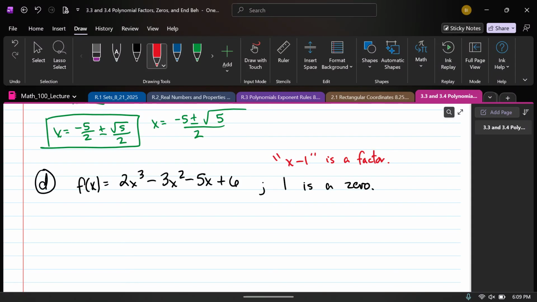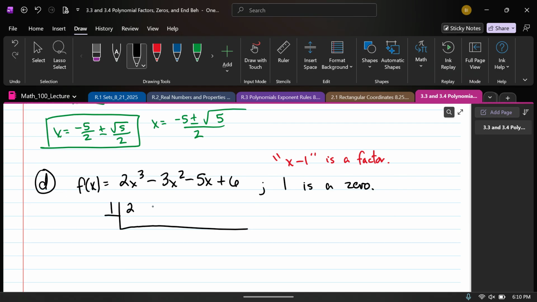We've got to tie that together. Now, if this says the same thing as that, then I'm doing it the same way. I'm going to take synthetic division and get rid of that x minus 1, or factor it out. So I'm going to set up my synthetic division. I'm going to put 1 on the shelf.